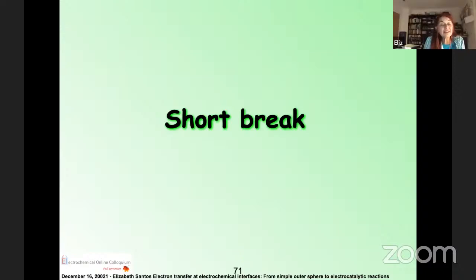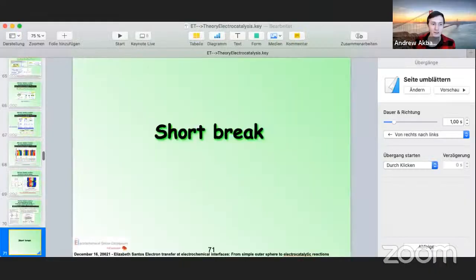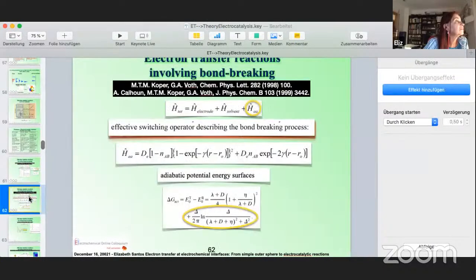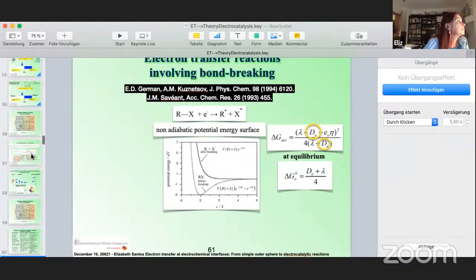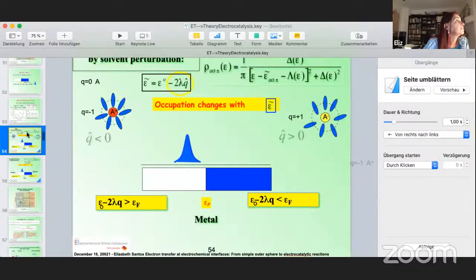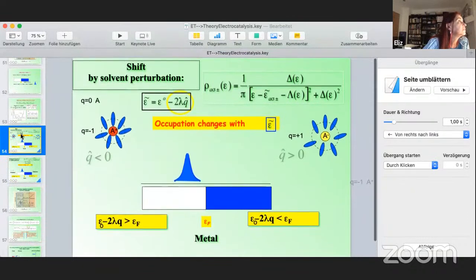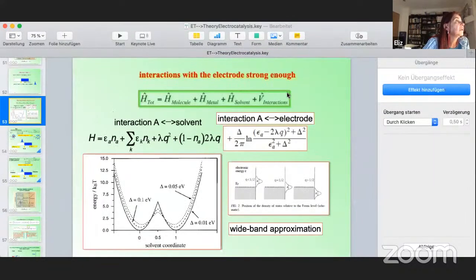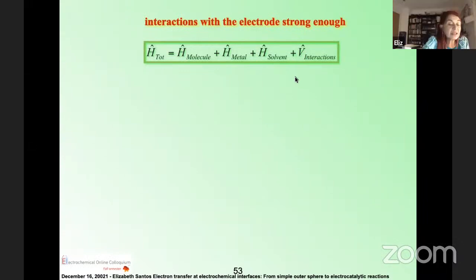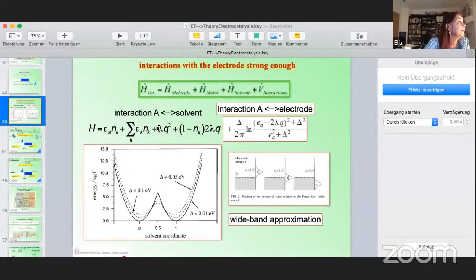What we use in the Hamiltonian. So this is like an overlap between the wave functions? Yes, that's what I wanted to show you. For example, here, this interaction is represented very quickly.